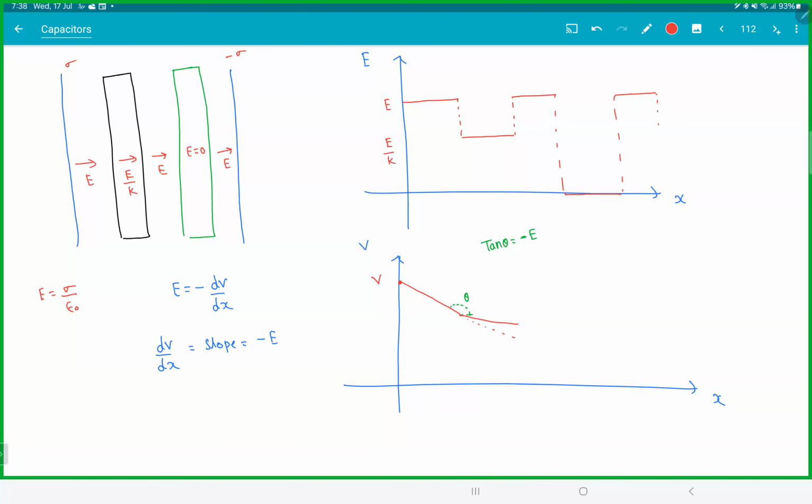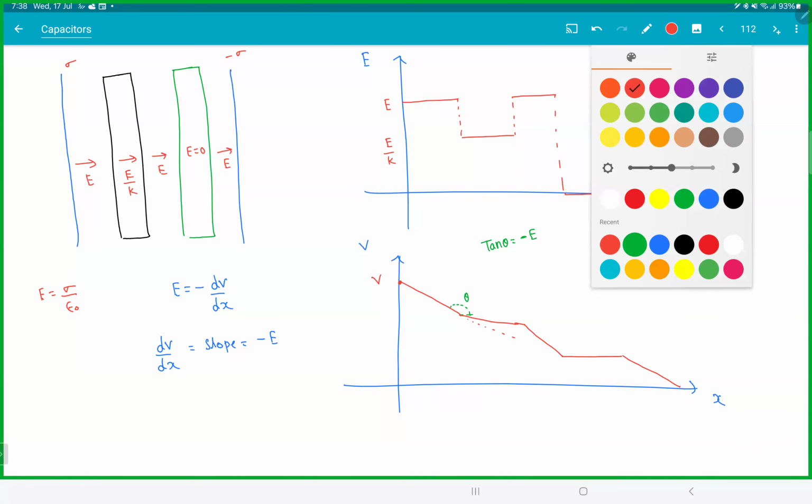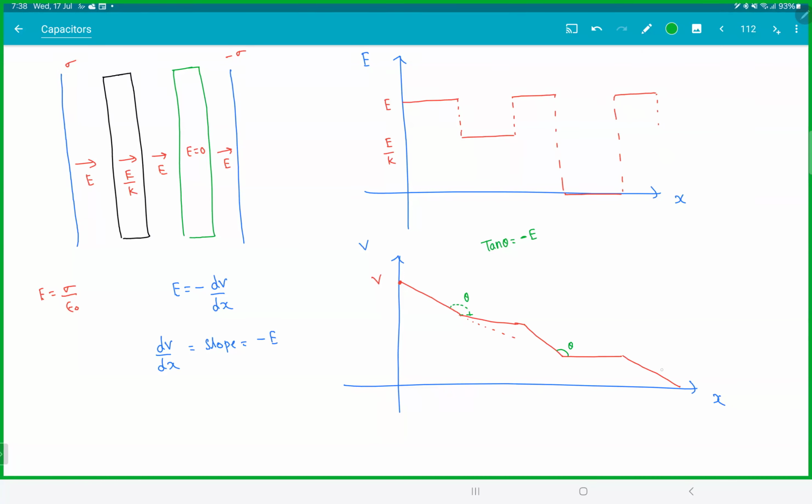It would be more flattish. That is in the dielectric. Then again it will continue with the same slope. Then it will become constant, and then again it will continue with the same slope. So if you look at these angles now, this will be theta. This will be theta. This guy will be a different angle, alpha.